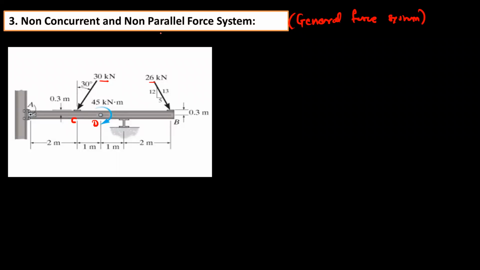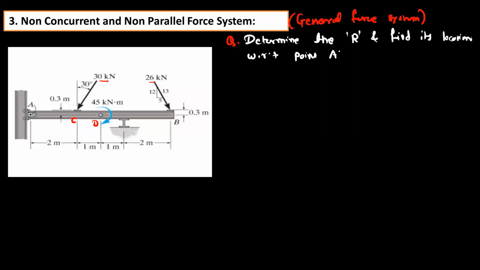So let us see how to find the resultant for this system. You can note down this problem. So the question is: determine the resultant and find its location with respect to the point A. Okay.